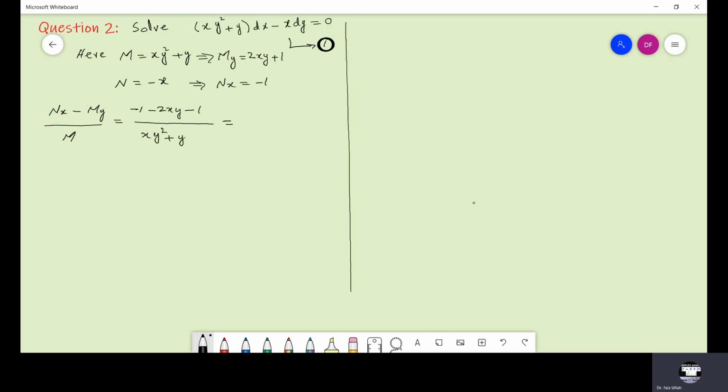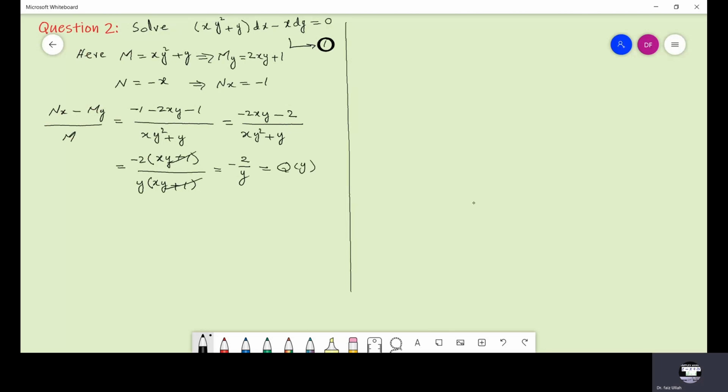By simplification, here we get minus 2xy minus 2 divided by xy square plus y. Let us take minus 2 as common. So we have xy plus 1 divided by, taking y as common, xy plus 1. Now xy plus 1 will cancel.